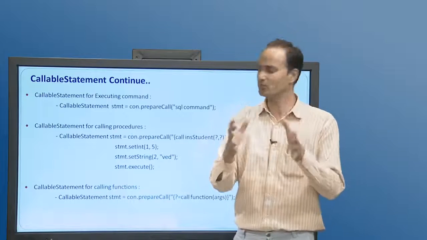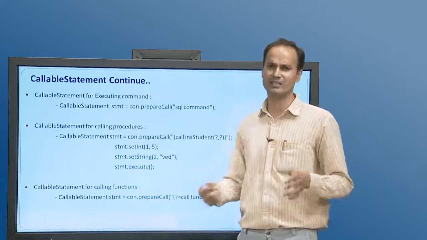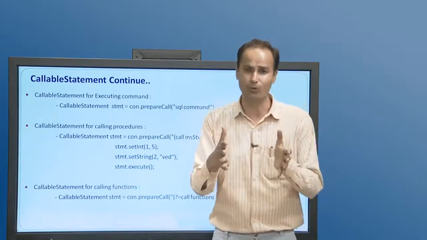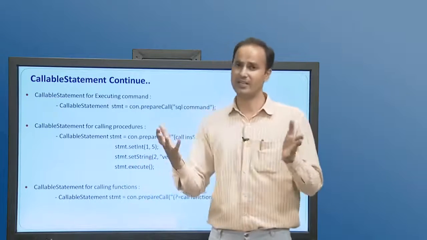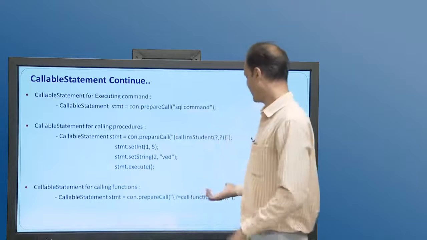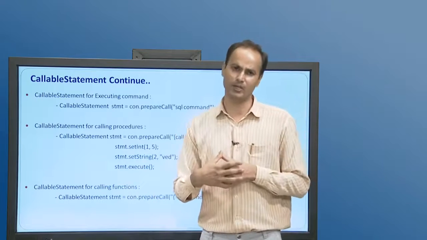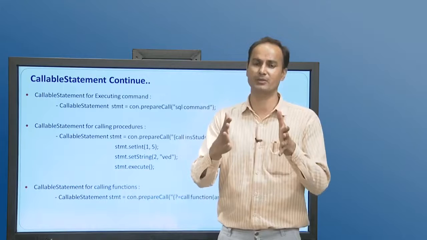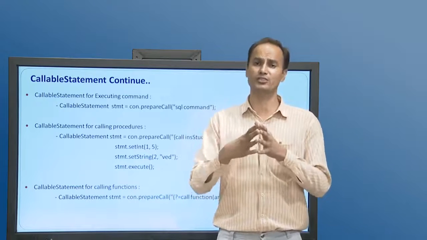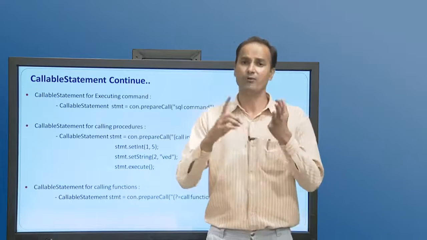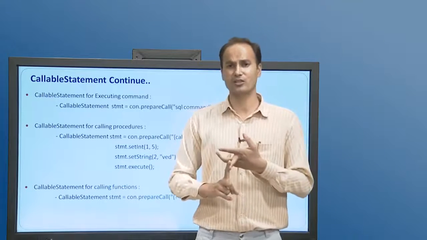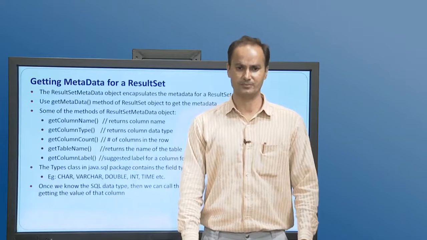That means the difference between a stored procedure and a function is that a stored procedure will never return a value, while functions may return a value. Whatever value it returns will be stored and can be manipulated. So this is all about callable statement: it helps us to execute either a stored procedure, a function, or an SQL command from the database.